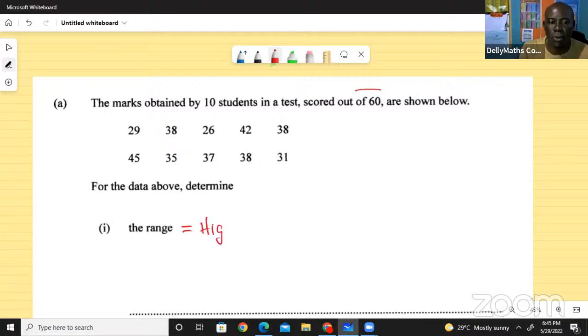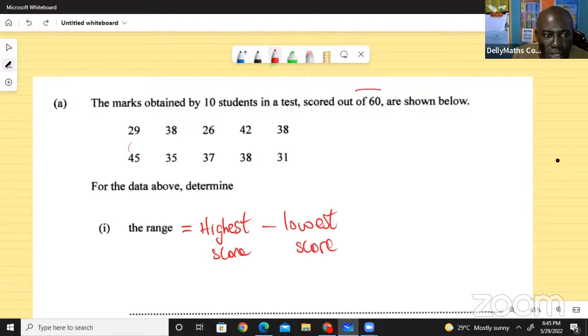Our range is always our highest score minus the lowest score. And this is, look for the highest and look for the lowest. All right, I'm seeing the highest score to be 45, and the lowest score look like it's 26.